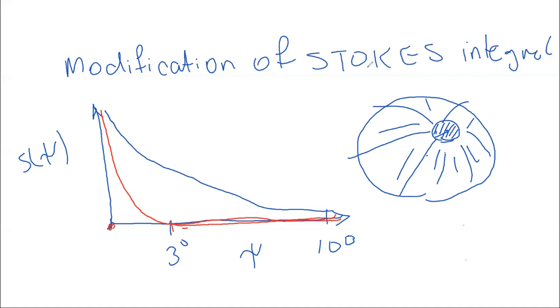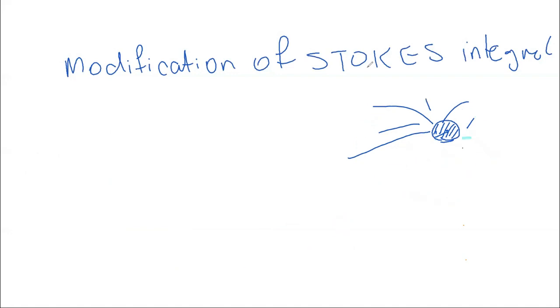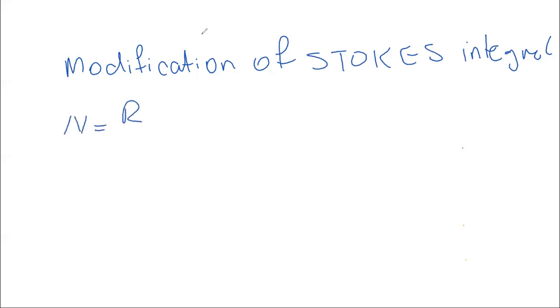So let me write the formula. So this is the geoid. Then it is the Stokes formula, and you know it very well now.